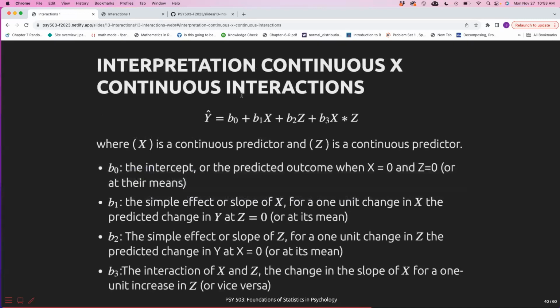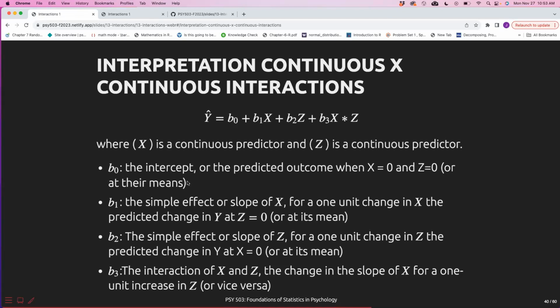All right, before we start interpreting our regression model, I wanted to provide a general interpretation of a continuous by continuous interaction. In this model, we have X, which is a continuous predictor, and our moderator variable Z, callous unemotional traits, which is also a continuous predictor. So how do we interpret those coefficients? B sub 0 is the intercept, or the predicted outcome when both X and Z are at their mean, or when they're 0.